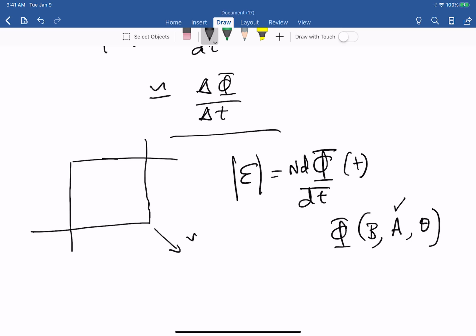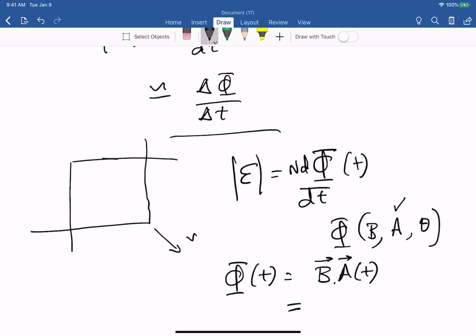So what is the flux going to be? If the area is flat and the magnetic field is uniform, then we know that the flux is simply B times A, which this A is a function of time, B dot A. That's what it is, right?